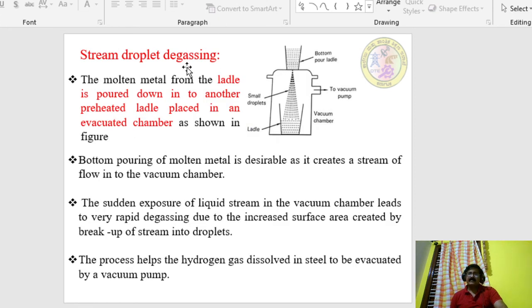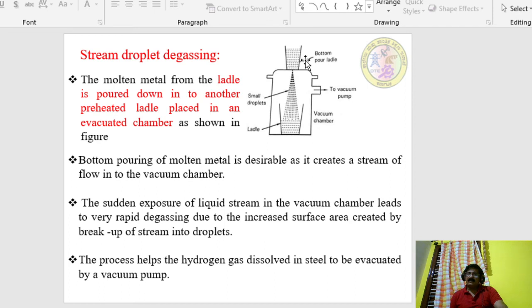Next is stream droplet degassing. This is generally adopted in bottom pour furnaces. The molten metal from the ladle is poured down into another preheated ladle. See here, this is one more preheated ladle which has been placed in an evacuated chamber, right?